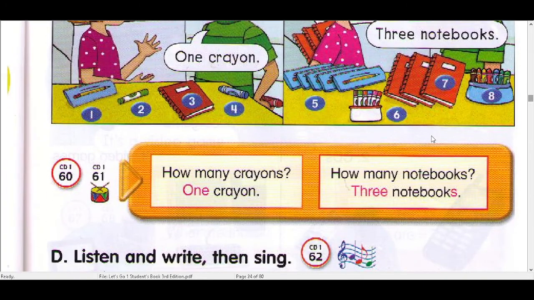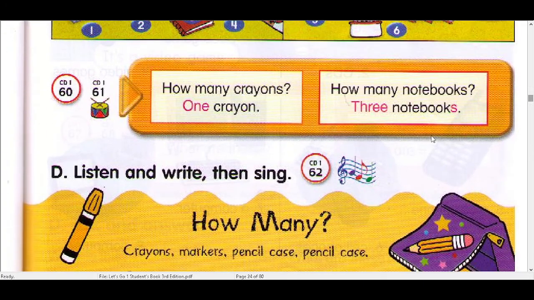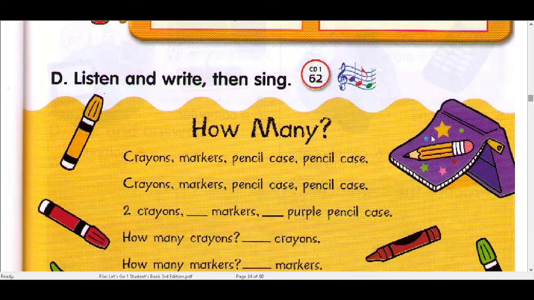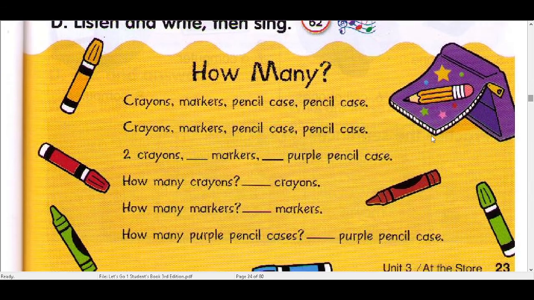Track 62. D. Listen and write, then sing. How many? Crayons, markers, pencil case, crayons, markers, pencil case, 2 crayons, 4 markers, 1 purple pencil case.